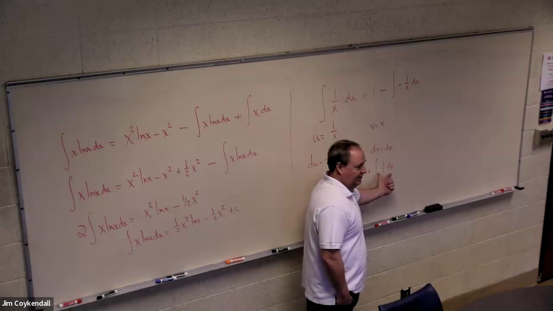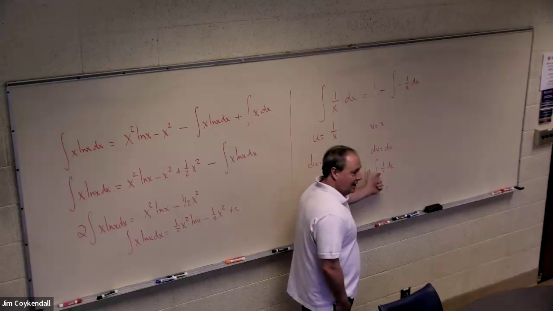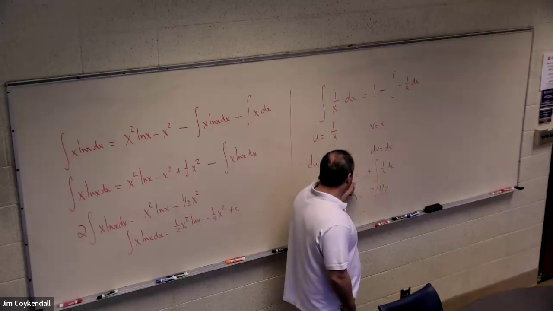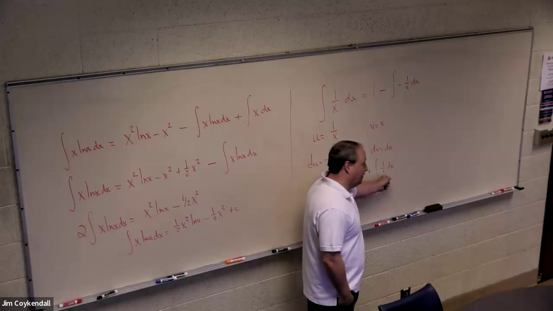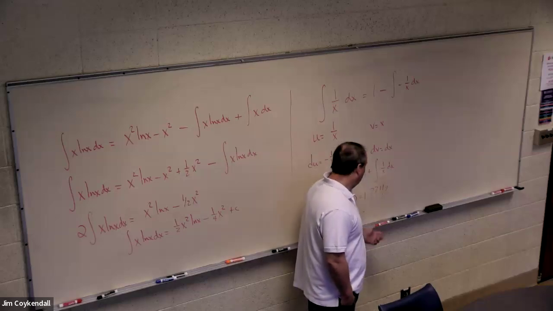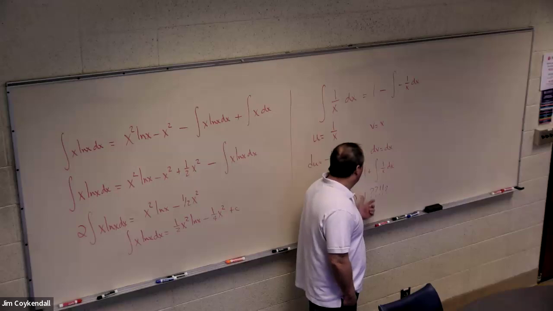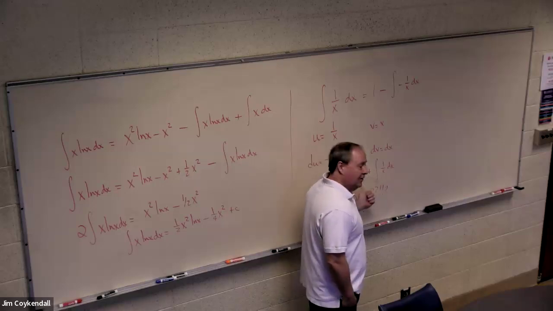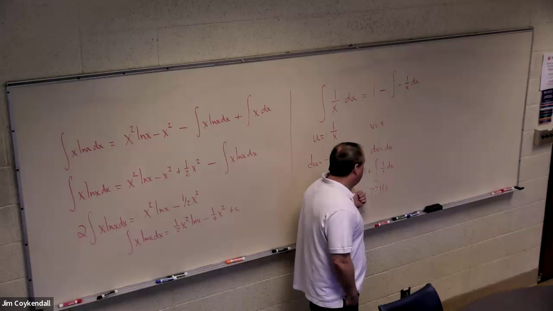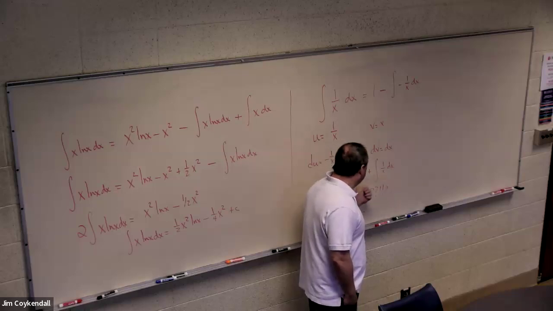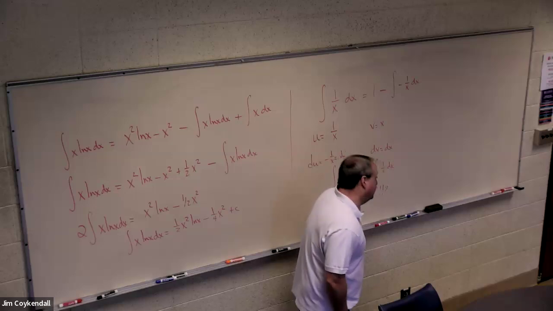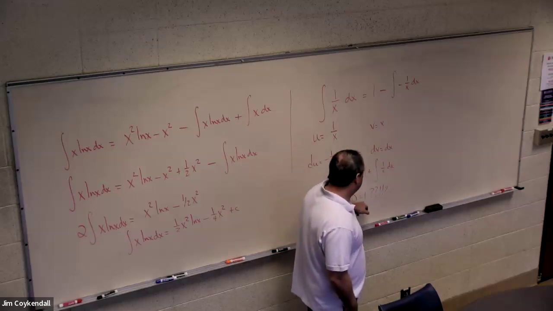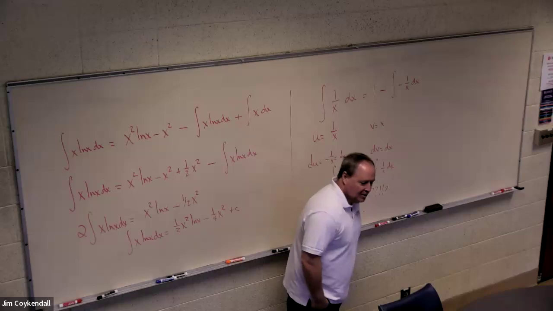There's no reason these have to be the same. They could vary by a constant. This might be log x, and this might be log x minus one. Right? We can explain zero equals one. When I took this step here, I subtracted off the symbol. The symbol means an antiderivative of one over x, but two antiderivatives of one over x do not have to be the same. And that's where we get that foolishness.